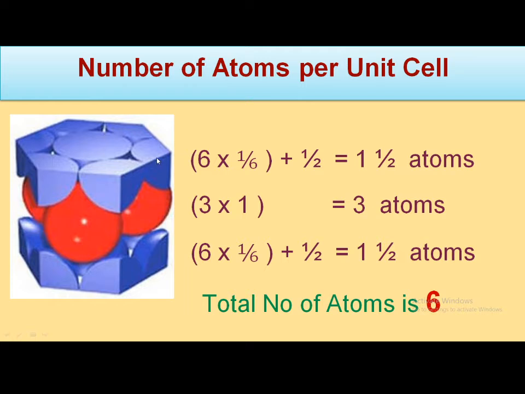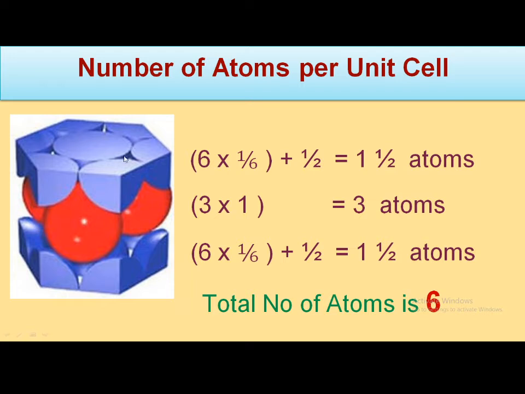The corner atoms will contribute only 1/6 of this atom to this particular unit cell, because this corner atom is common to 6 unit cells. So only 1/6 is contributed to this particular unit cell.